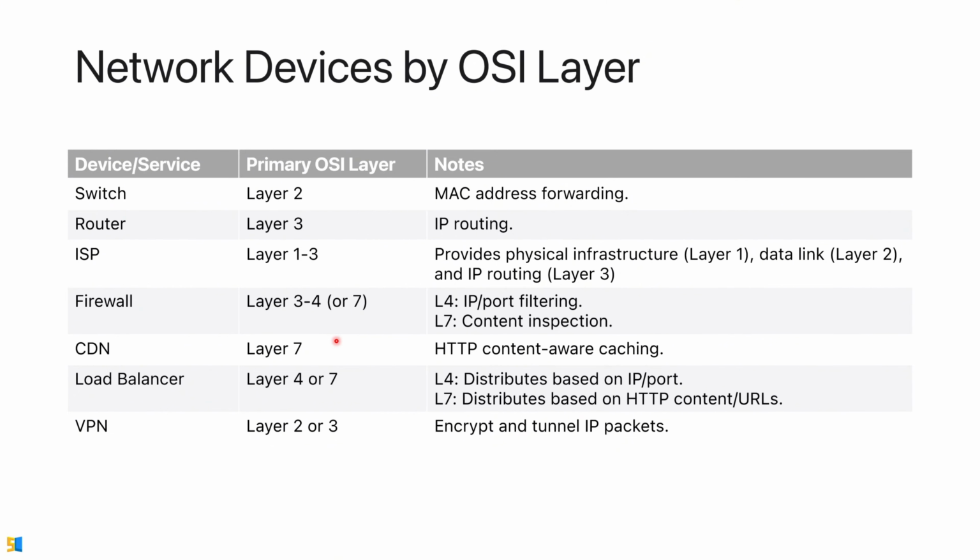So, network devices by OSI layer. We have seen this before, but let me just summarize. We have the switch, which is a layer 2 device, because it uses the MAC address to forward. And the router is a layer 3 device, it needs IP for routing.